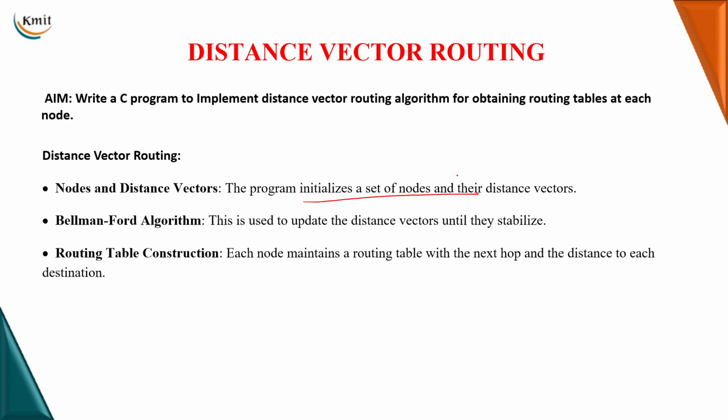We have to first initialize the nodes and their distance vectors. We will update the distances in the distance vectors using the Bellman-Ford algorithm, which is explained in that video. We will then do routing table construction. Every node will update its routing table and construct a table with the new distance and the next hop information.